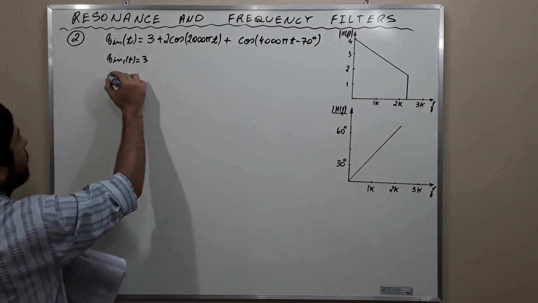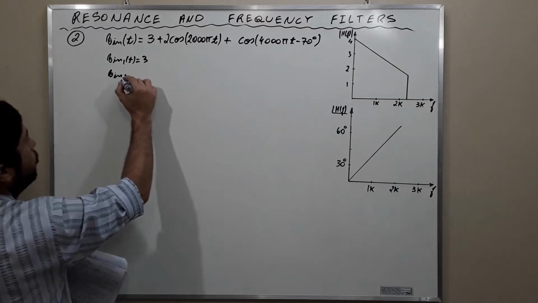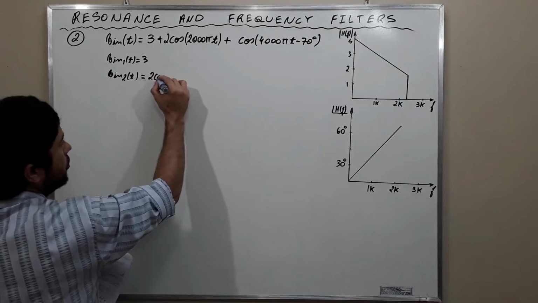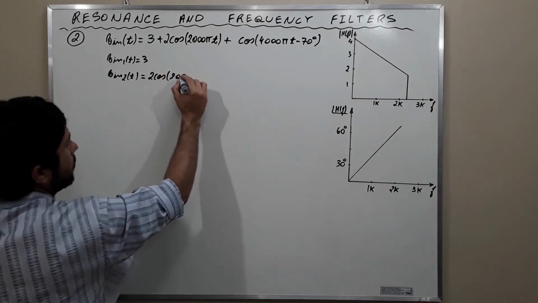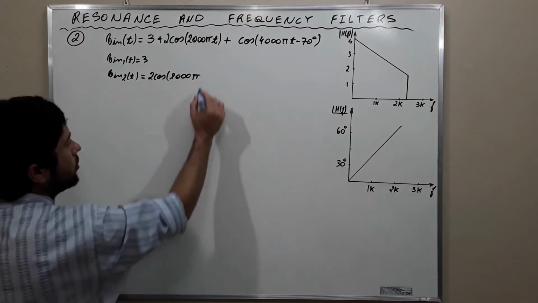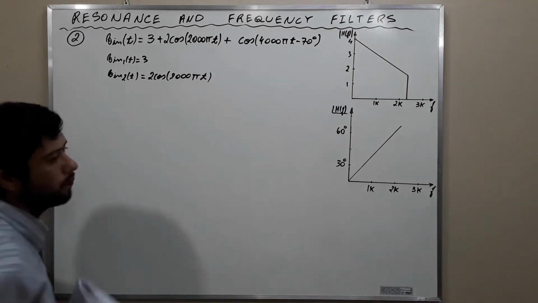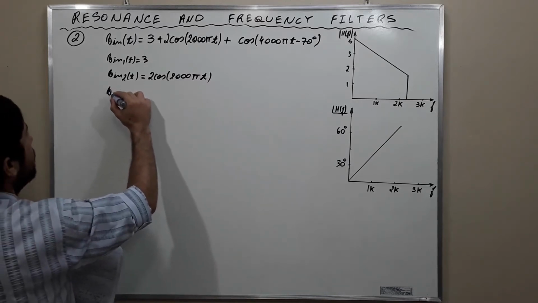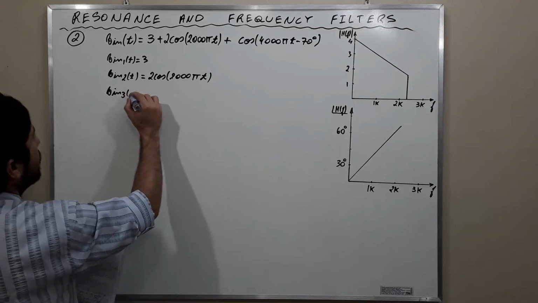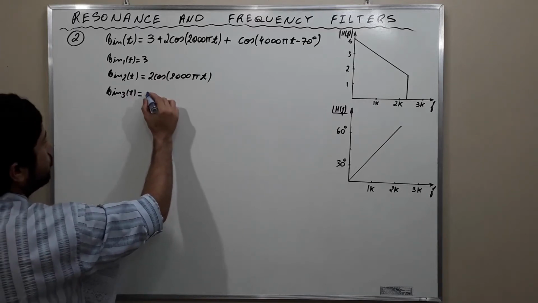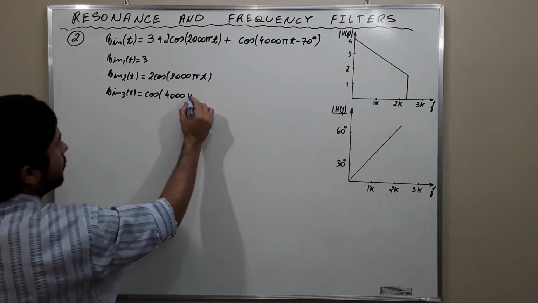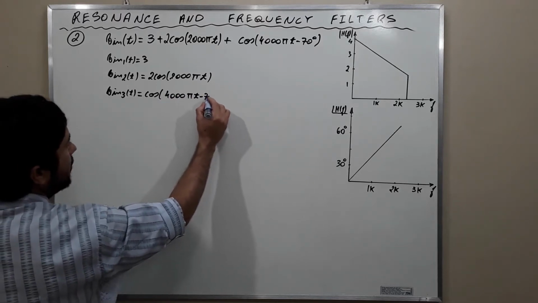In2 of t is equal to 2 times the cosine of 2000 pi t. And the third component, in3 of t is equal to cosine of 4000 pi t minus 70 degrees.